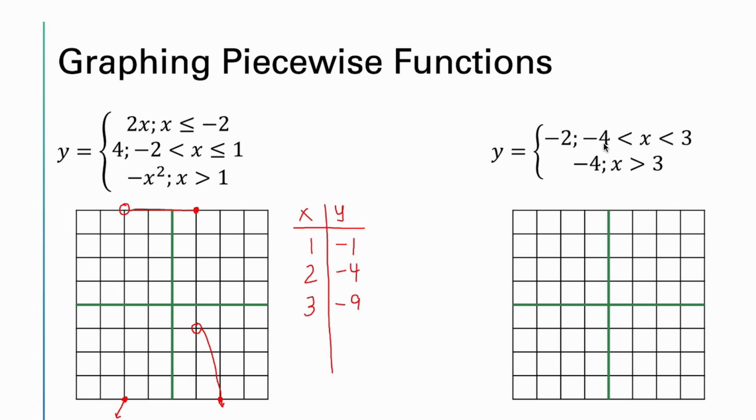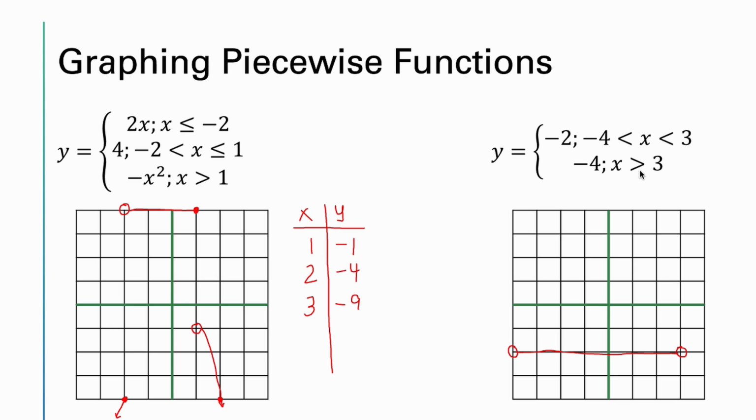So we put our starting points at -4, -2, and we put an open dot because there's no dash, and 3, -2. So you put an open dot here. And then we just connect them because this would normally be a horizontal line. Now let's do this one. Y is equal to -4 if x is greater than 3.